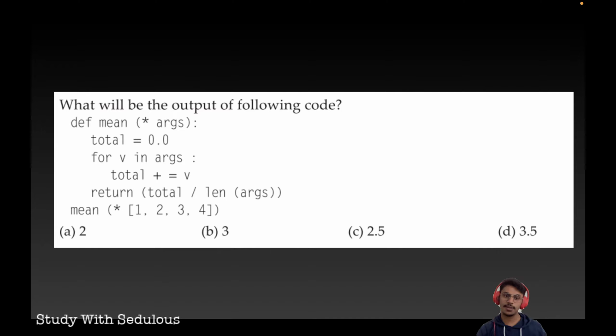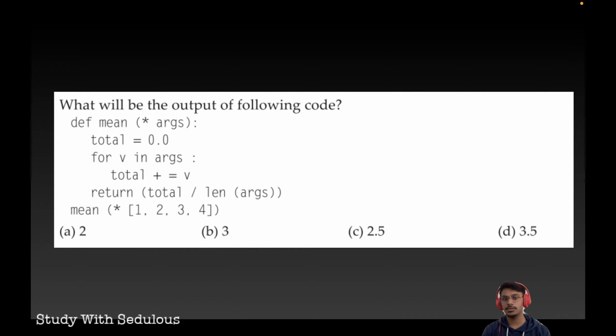So v in 1, 2, 3, 4 would be the first thing. Then total would be 1 plus 2 plus 3 plus 4. What would that be? That would be 3, 6, 10. It will be 10 by length of args.